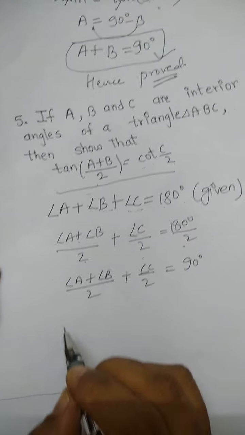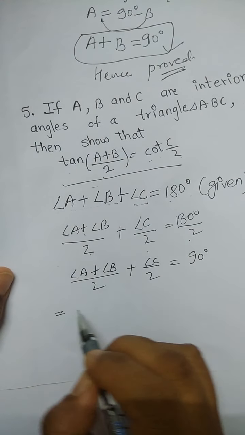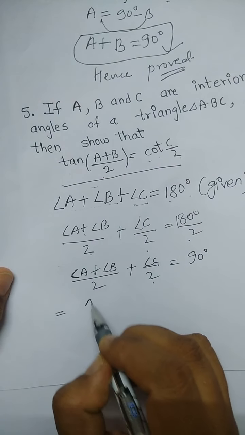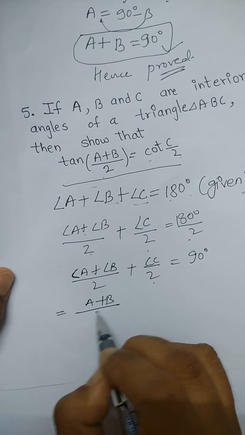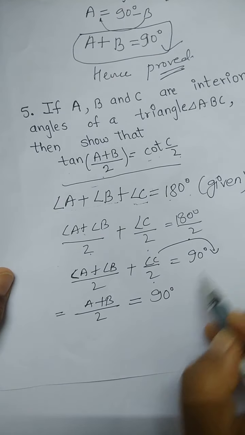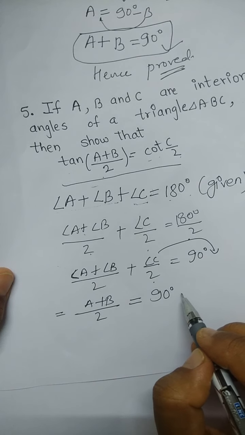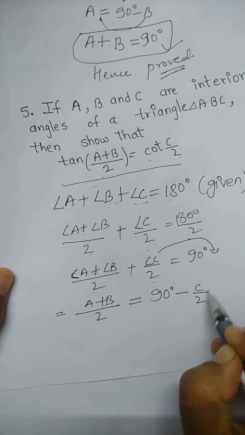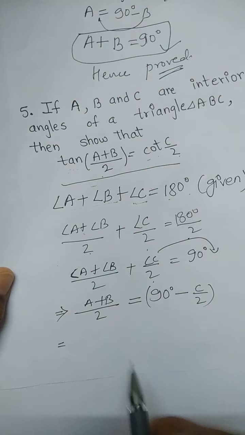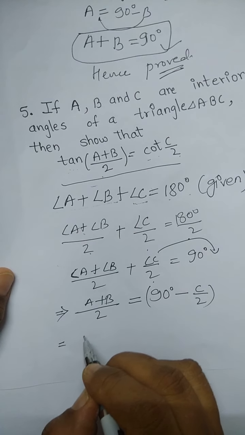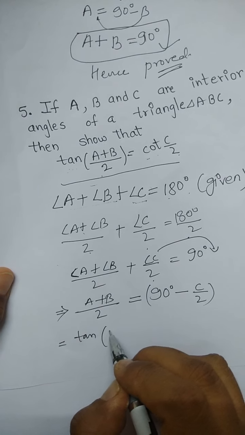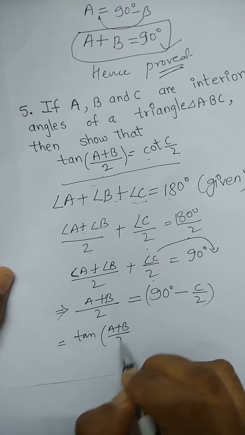Now what to do? Bring this C by 2 across. Instead of writing angle, now simply I will write A plus B by 2 equals 90, this will go here, minus C by 2. Now what to do? Take tan on both the sides. Tan of (A plus B) upon 2.